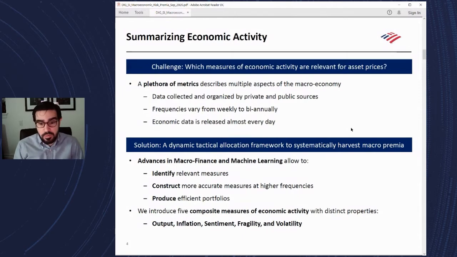Our way of approaching this problem is a little bit different than nowcasting. We are doing that, but we are focusing a little bit more on capturing more medium term changes in the macroeconomy. And the way we do that is by using advances in macrofinance and machine learning techniques, which actually allow us to identify the relevant measures out of this large universe of macroeconomic measures.